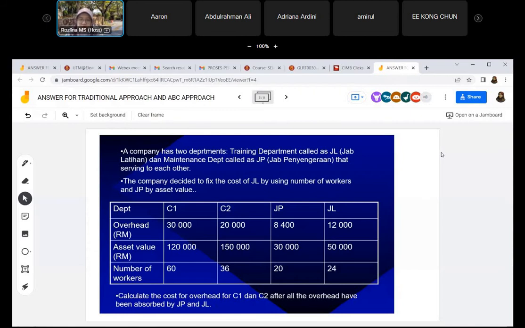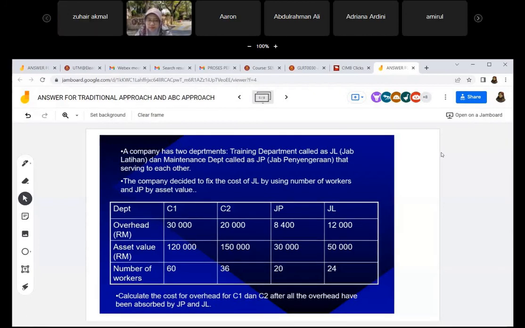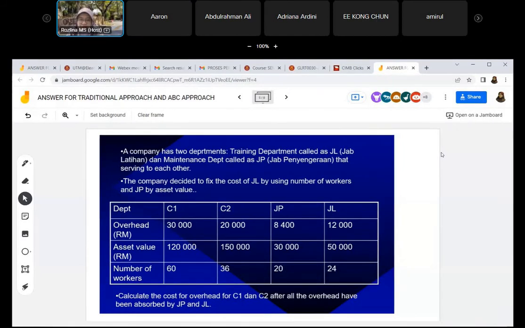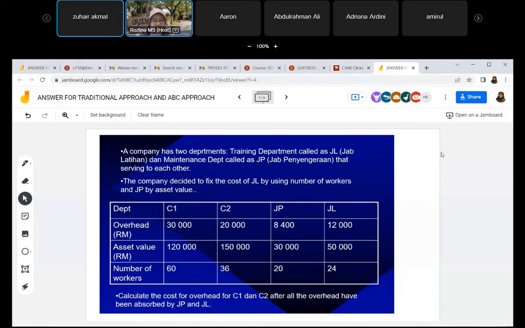So how do you process the number? Ambil percentage. Okay, how do you get the percentage? Contoh 24 per total. Nanti dulu, ambil yang number of workers dulu, yang JL tu.